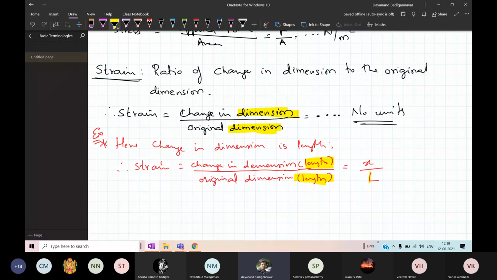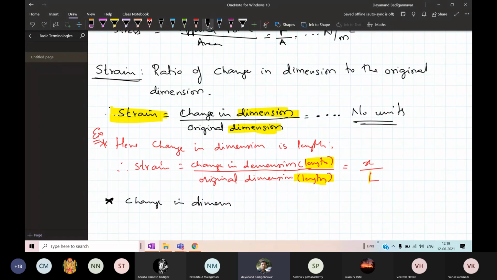If it is length by length, it doesn't have any units. So this is nothing but the strain. Likewise, as I told you, there are different types of strain, like longitudinal strain, where there is a change in volume. Whenever there is a change in dimension, just note it, what can the dimension change?